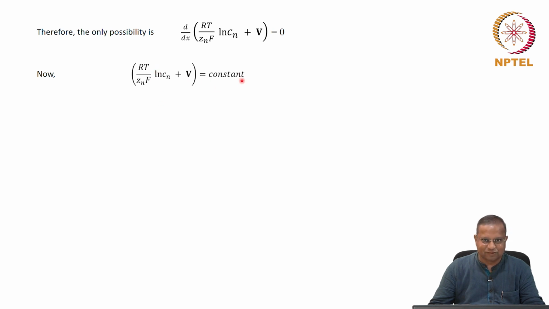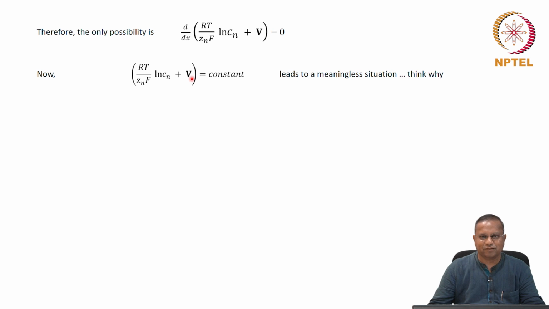If this is a constant, what does it mean? It means a meaningless situation. What I want you to do is pause the video here and go term by term and figure out why this cannot be 0, or why the argument of this derivative cannot be a constant.